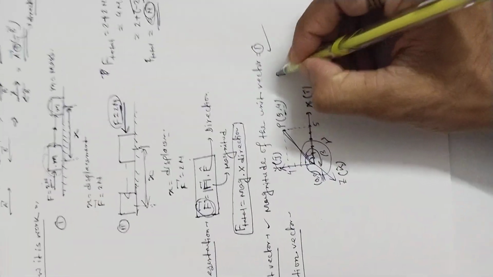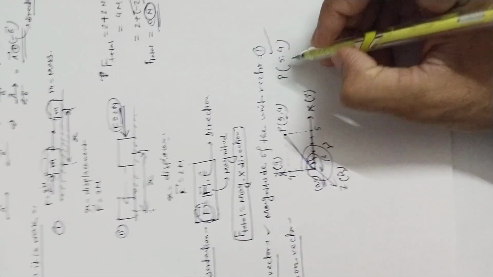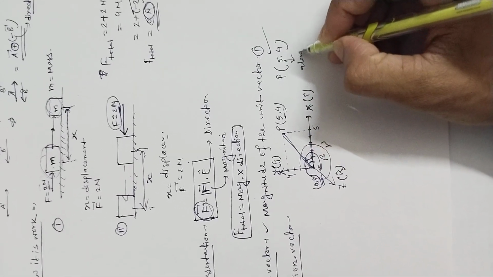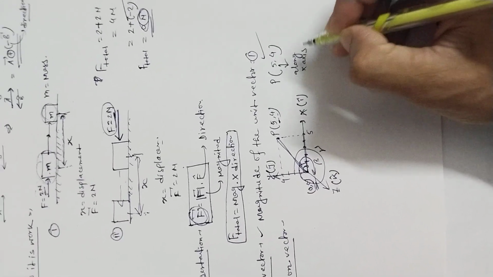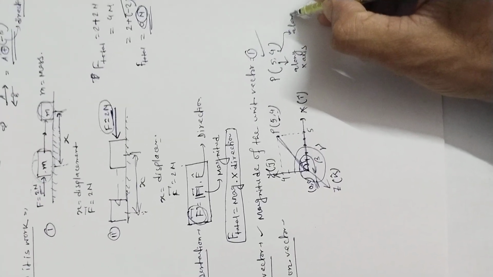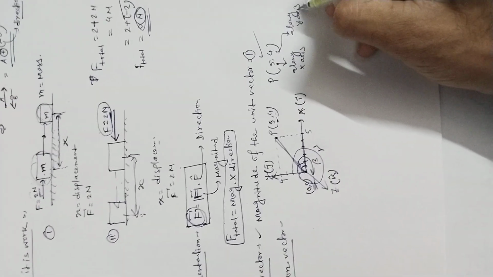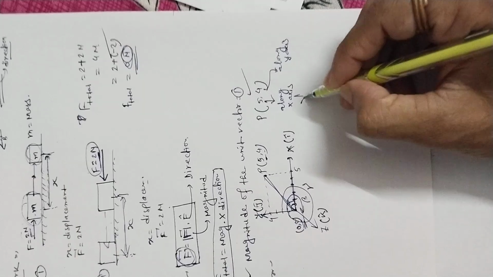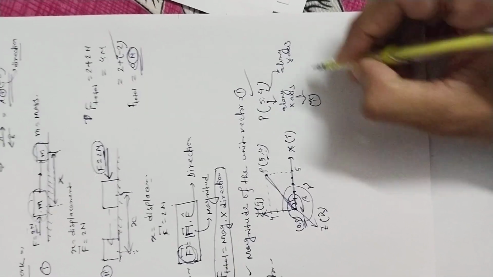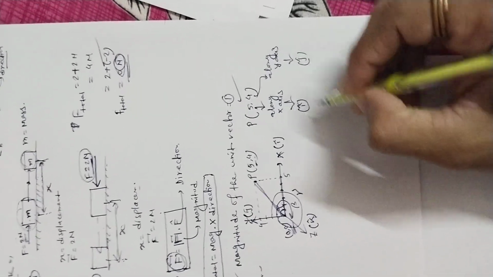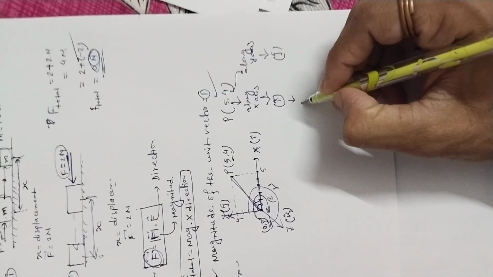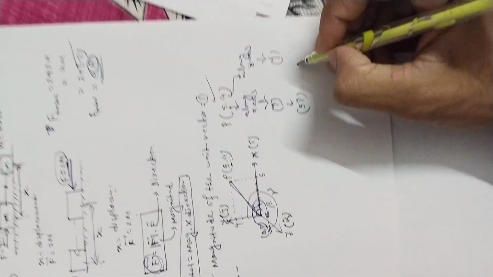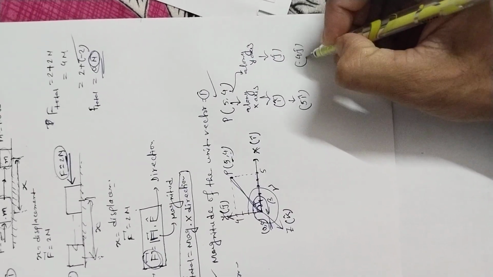So P is 5 4, 5 is along the x-axis and 4 is along the y-axis. So along the x-axis I can write I cap, and along the y-axis I can write j cap. So you can write 5 I cap and 4 j cap.